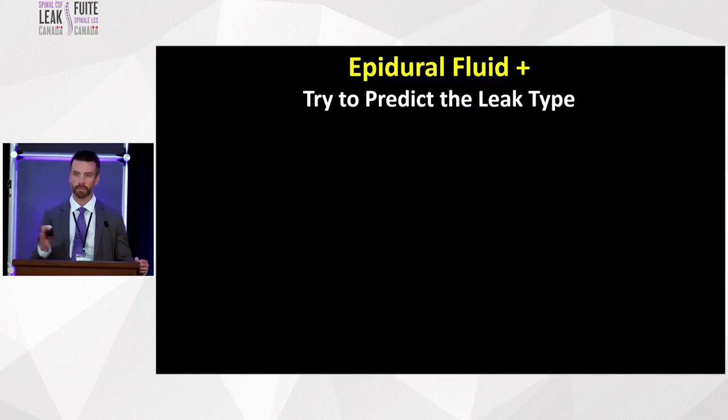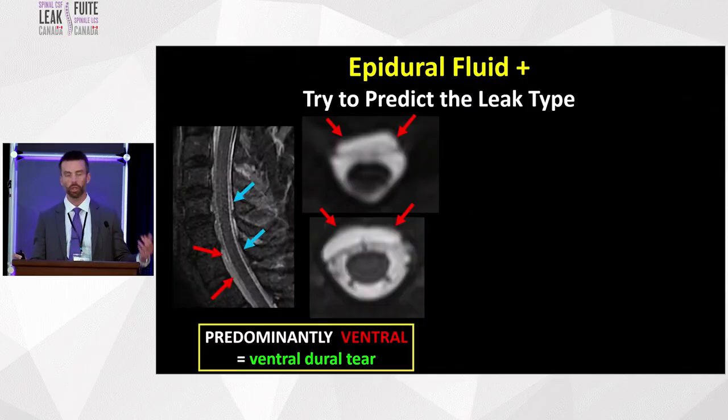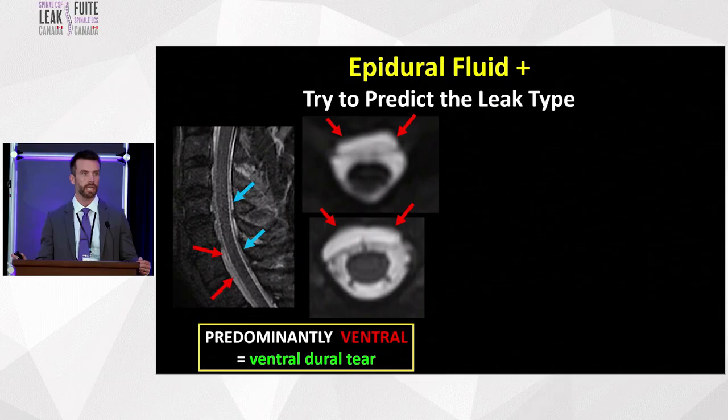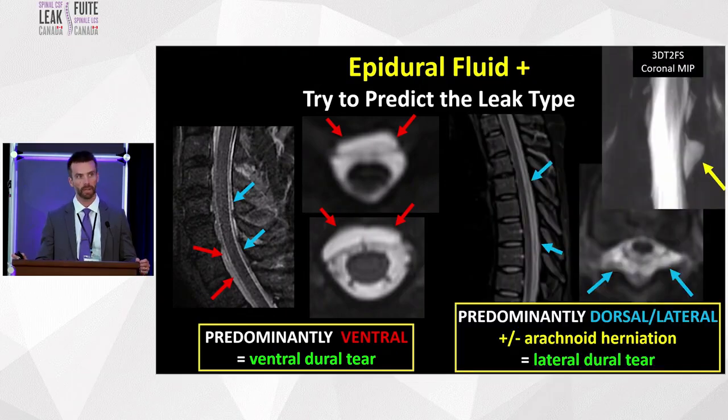And it's not just the presence or absence of fluid, but we can actually look at some other key features on the MRI to help distinguish what type of leak we want to look for. If we see fluid that is predominantly ventral in the ventral epidural space, there's a good chance that that is going to be a ventral dural tear, and I'll show you a specific way that fluid can look that will give you an even better hint.